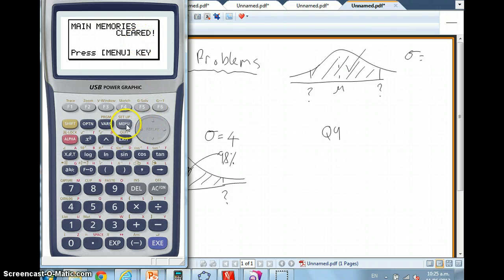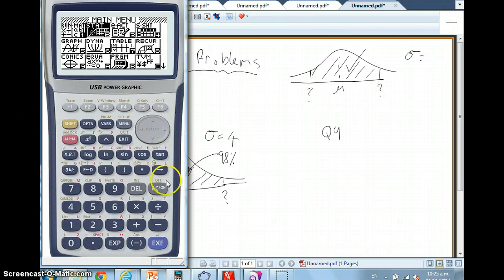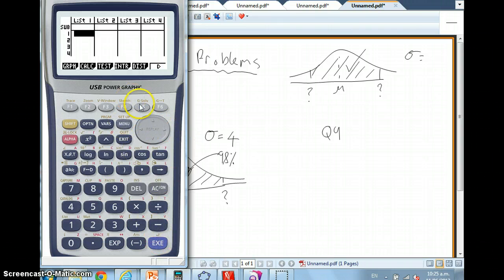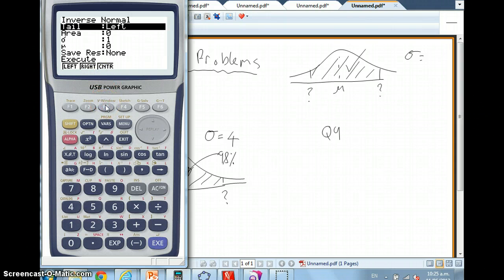Okay, so menu, stats mode, distributions, normal distribution. Instead of where we used to go, NCD, we're now going to go to inverse. Actually, I'm illustrating on the later model, the dark blue version, because I've got the option of putting in if it's a centre problem, a left problem, or a right problem.